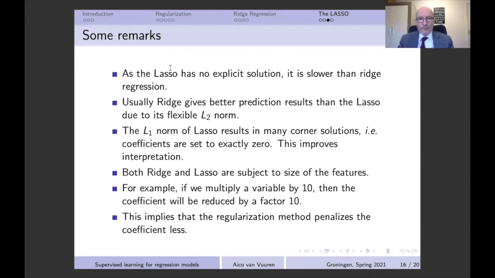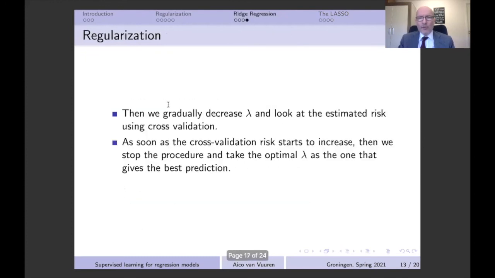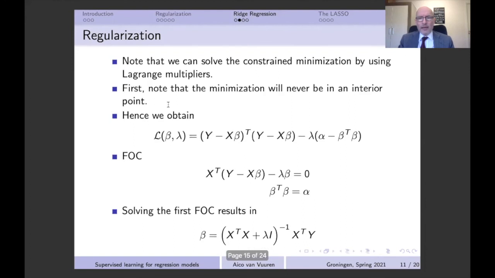Another good thing to say about ridge regression is that, at least in my experience, ridge regression typically tends to perform better than the lasso. And that's, of course, important because we do know that predictive performance is very important in machine learning. Now, of course, the question arises, why is that the case?